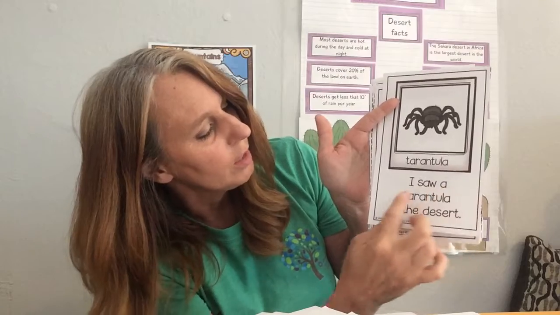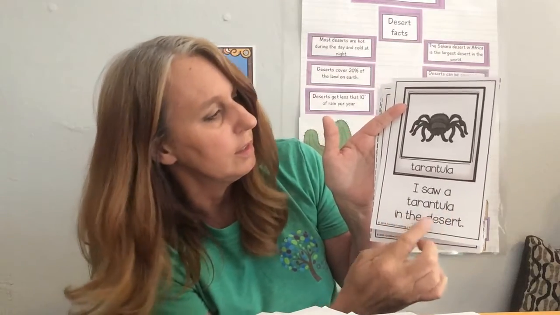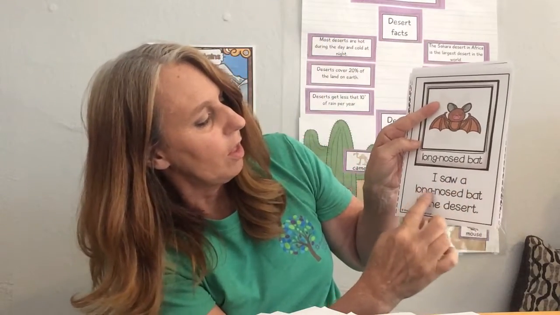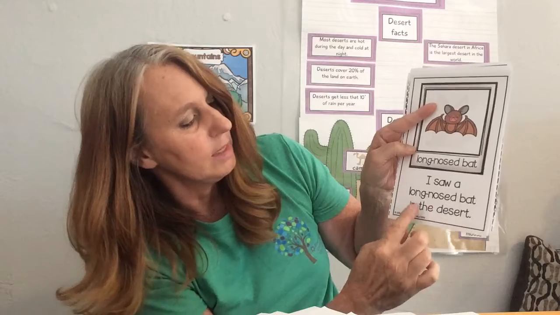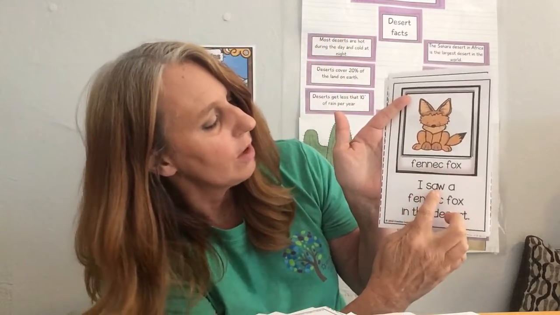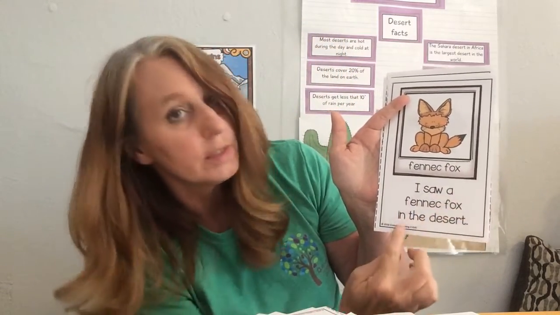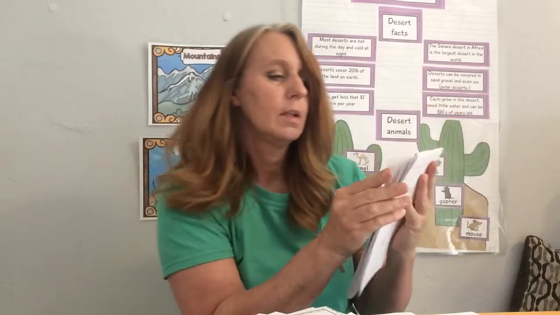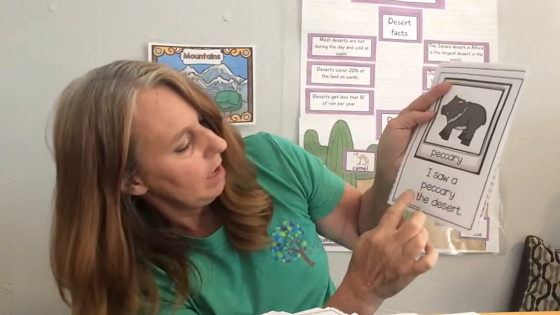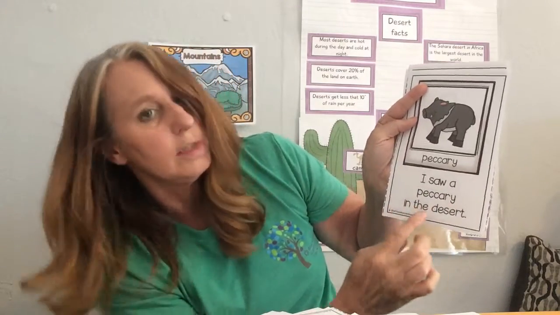I saw a tarantula in the desert. Tarantula. I saw a long-nosed bat in the desert. See him? I saw a phoenix fox in the desert. I saw a peccary in the desert.